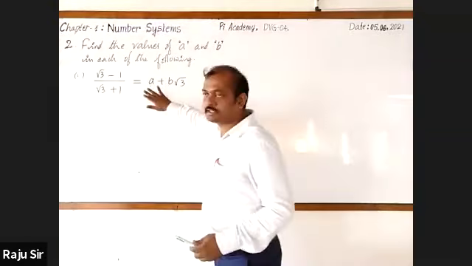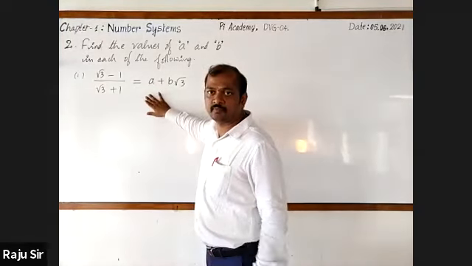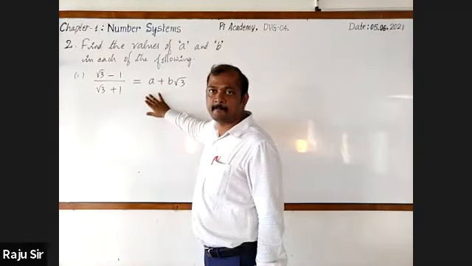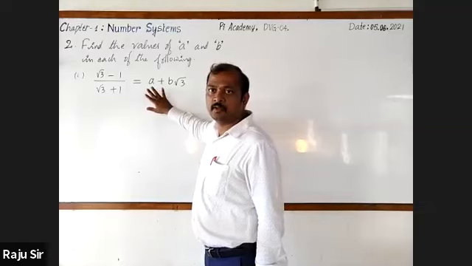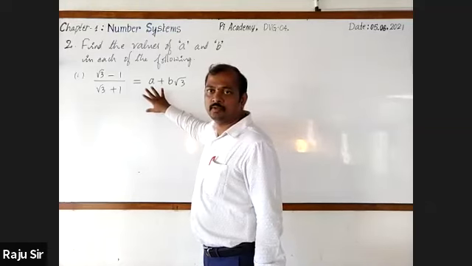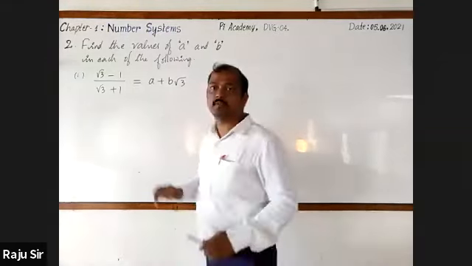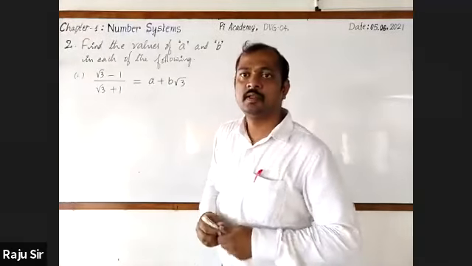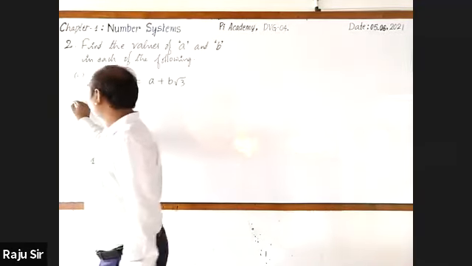So A plus B into √3. This is the given statement. Using this statement, we have to find out the values of A and B. Let's go further. Please write with me.